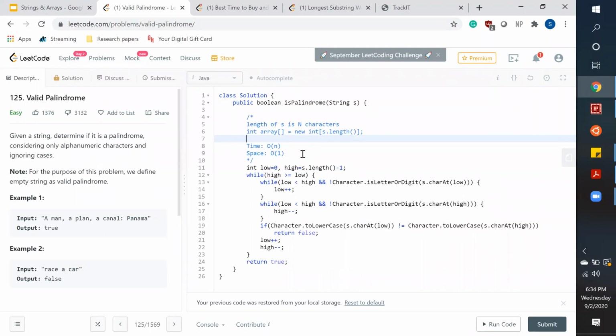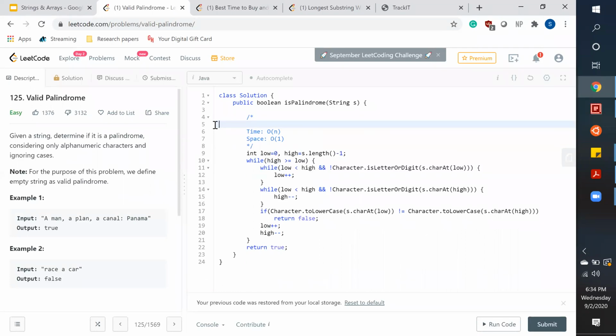If I use 5 integers, 10 integers, or even 100 integers, it's still constant. Since I don't have anything of length of the string, this is just constant space. Does anyone have any questions? If not, we can move to another problem that's slightly more challenging or may require more thinking at least.